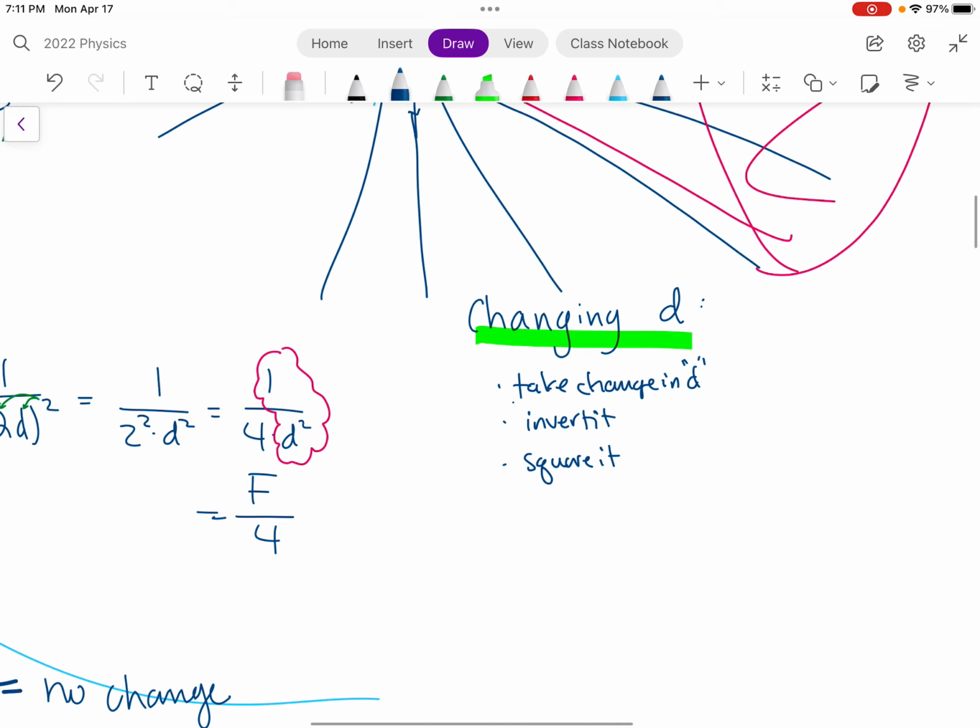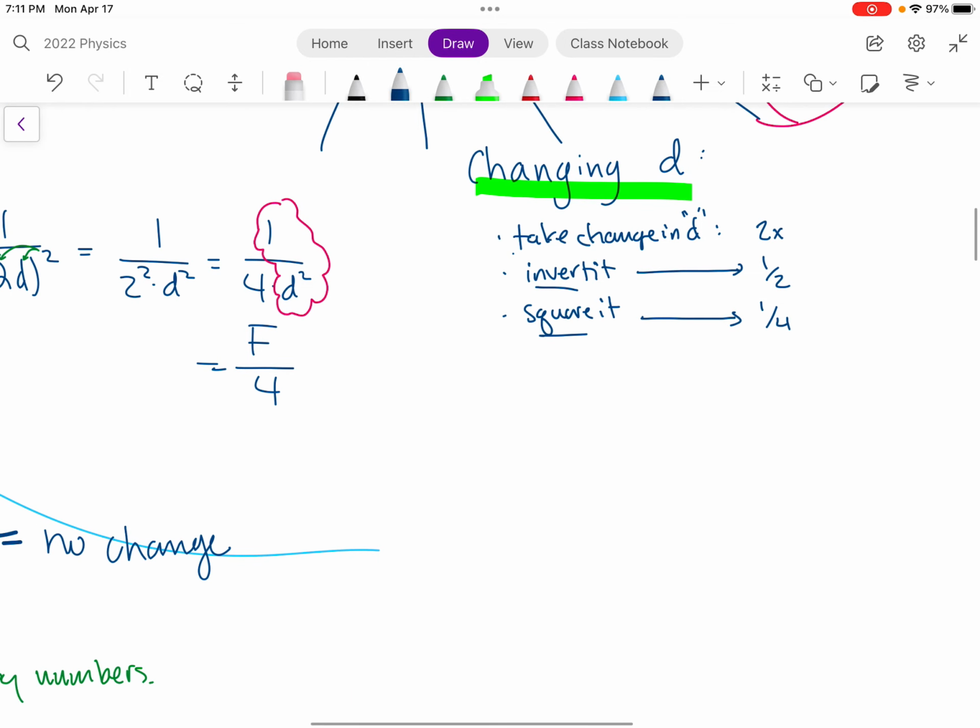So 3 steps. If I were to take the distance and multiply it by 2, I would take 2 times the distance. But if I wanted to invert that, that would be 1 over 2. And if I square 1 over 2, I get 1 over 4. So inverse square. Invert your change and square it.